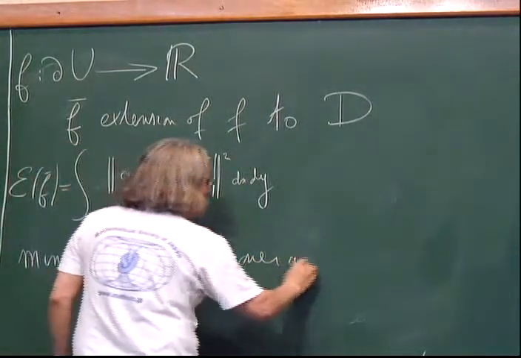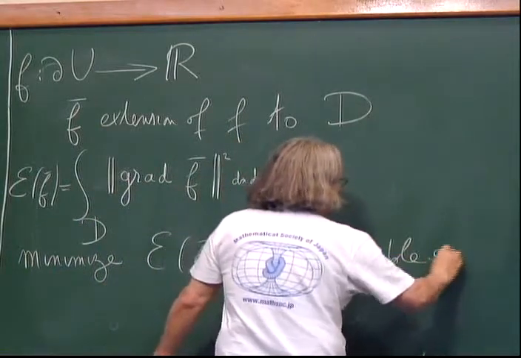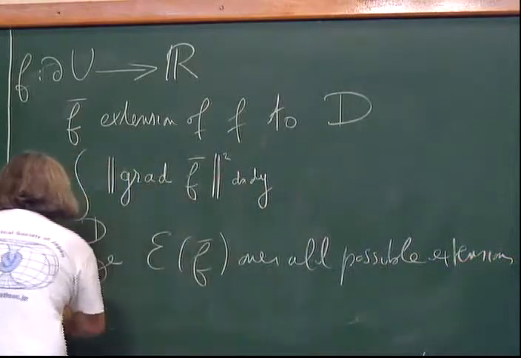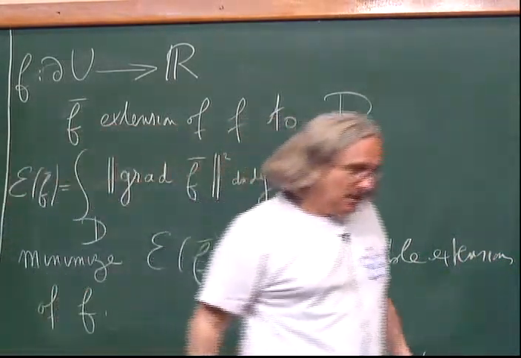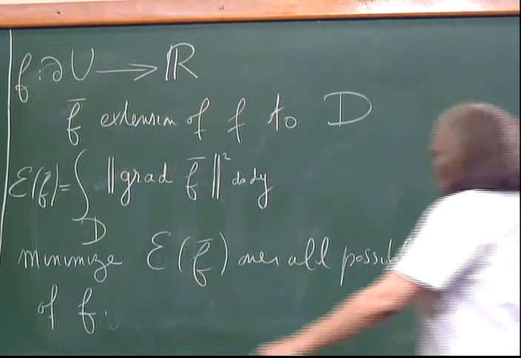Over all possible extensions of f. And Riemann claims that this minimum occurs precisely for the unique harmonic extension of f. Okay, so this is the claim of Riemann.